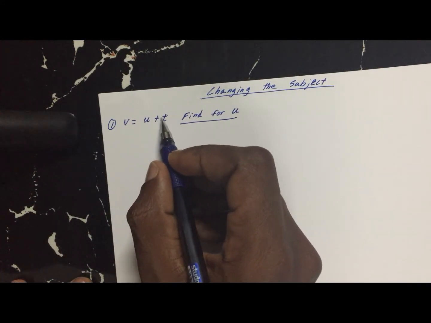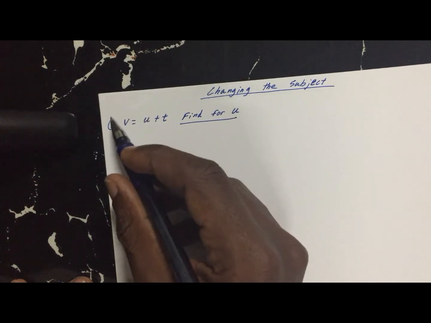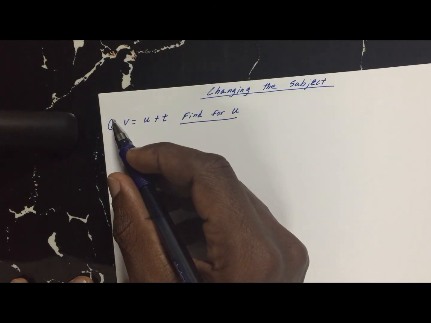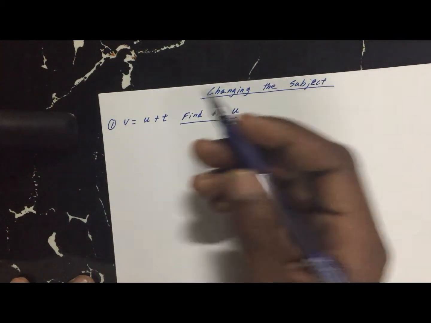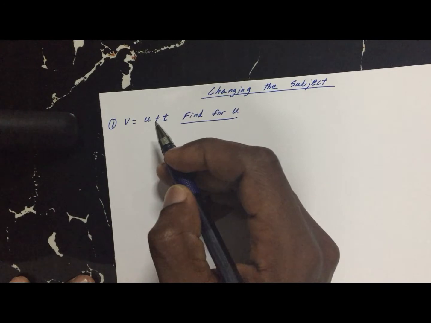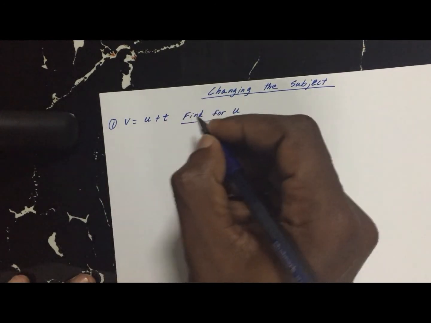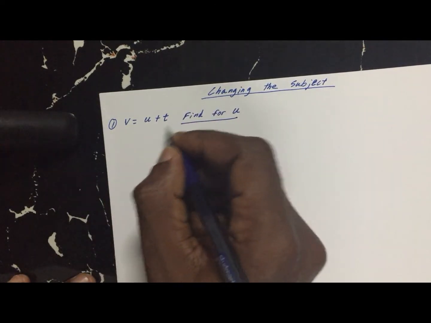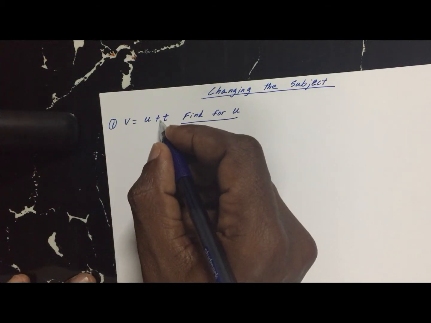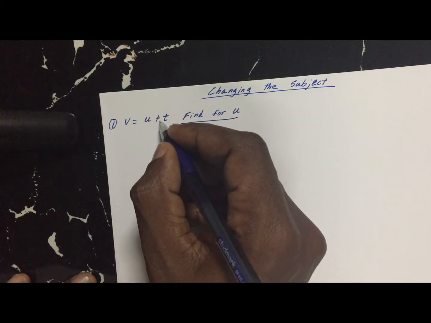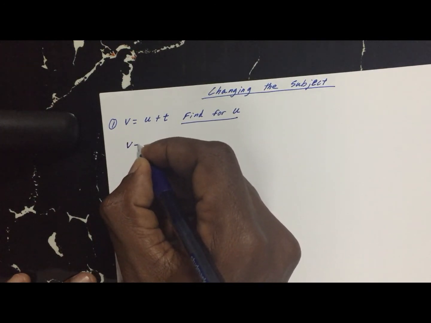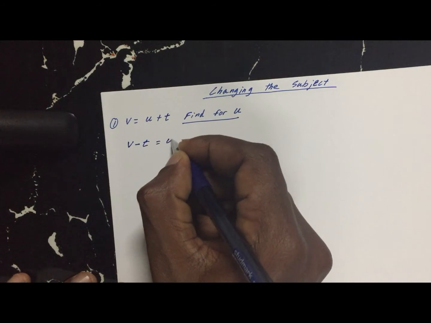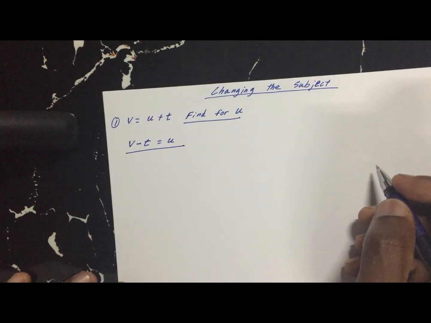When we're moving a plus sign to the other side of the equal sign, it becomes the opposite of what it is on the said side. So finding for u, we take this t over, which will then change to subtract. So we have v minus t is equal to u. And that's it. Pretty simple, huh?